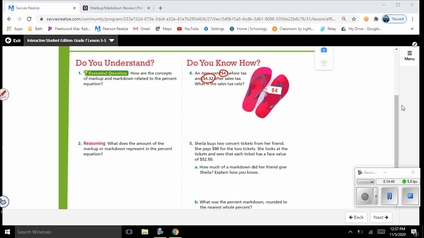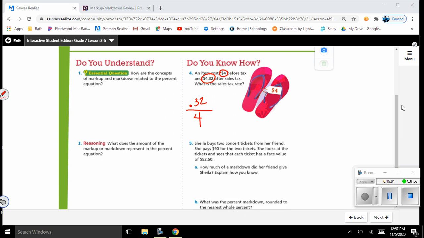So basically what I would do here is take 4.32 minus 4, which is 32 cents, all right? And I'm going to divide that then by my $4, okay? So this would represent, in essence, how much it went up, and the $4 would be representing the original cost.